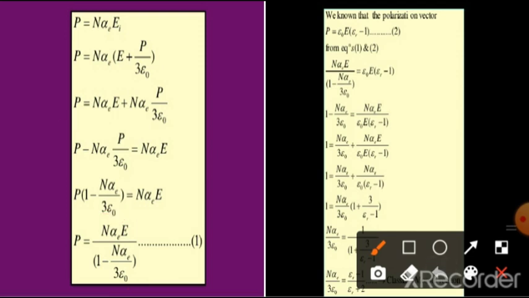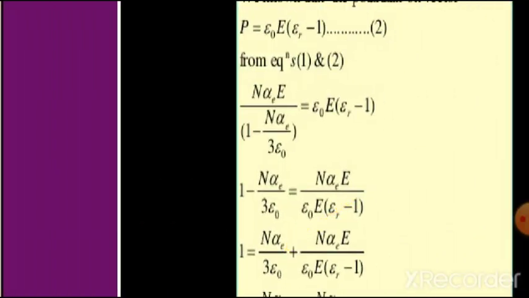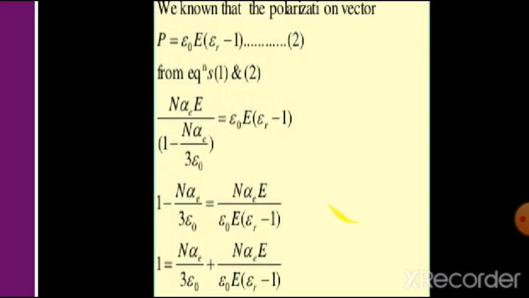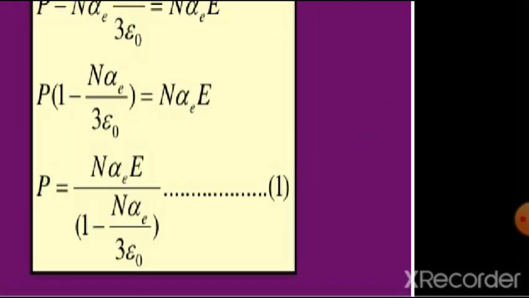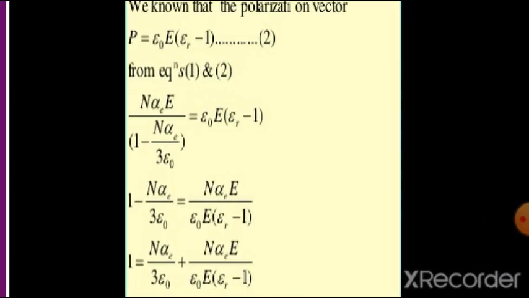As we know, the polarization vector P is equal to epsilon naught E into epsilon r minus 1. Take this equation as 1 and this as equation 2.